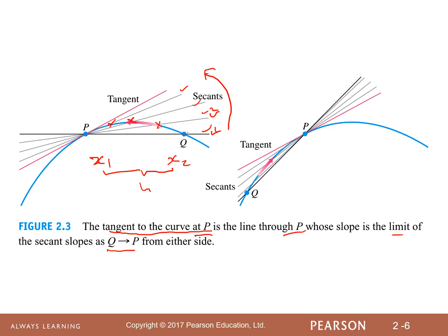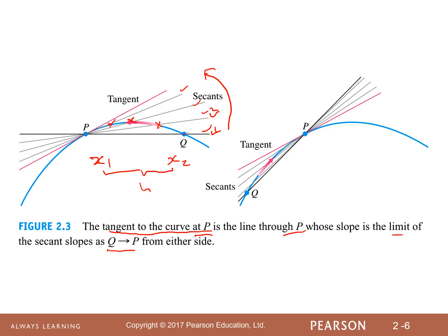Is there any need for me to explain this? The move from the left is the same, right? It's the same. As Q keeps moving, what will happen to the secant?